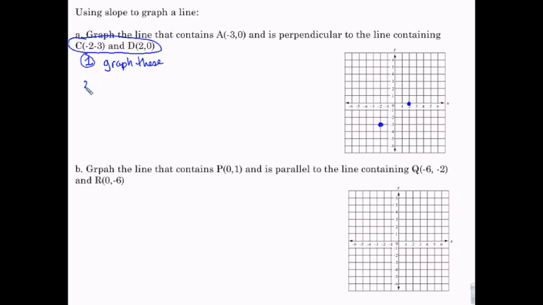Okay. Step 2 is to draw a line through those. So you'd take a ruler so you could draw a prettier line than I'm about to draw, but I'm going to cheat. Okay, so you draw the line.